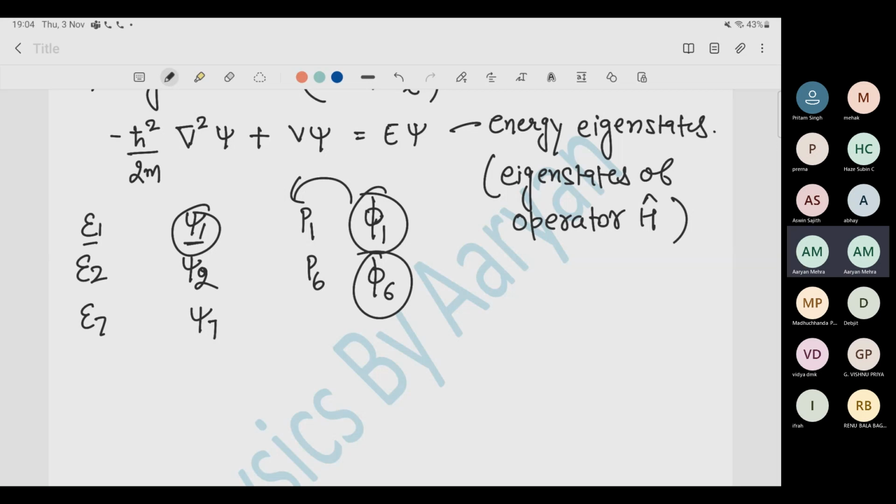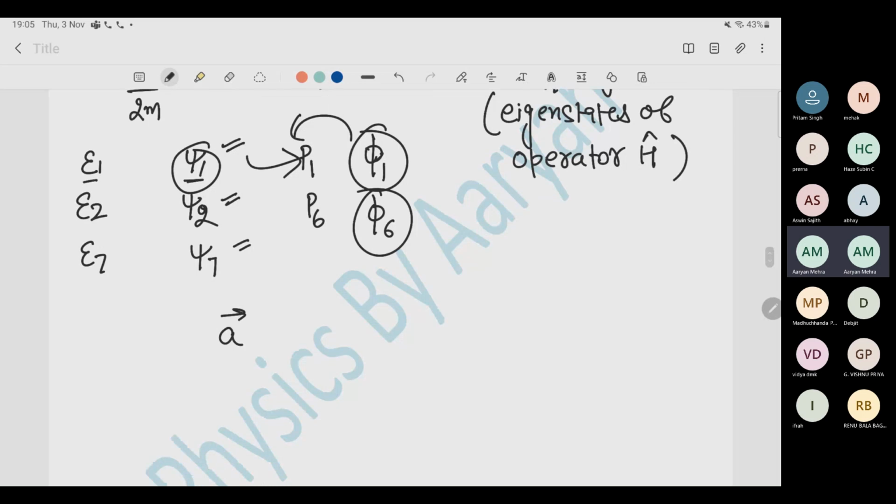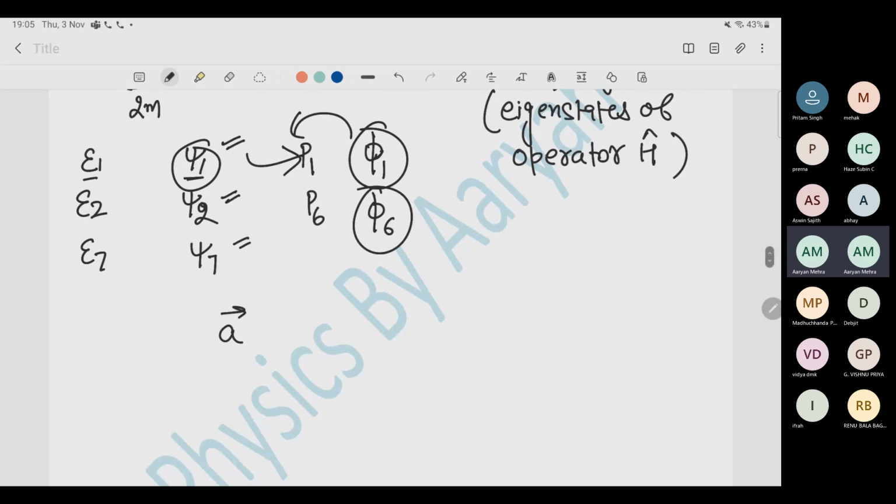But you should know that in quantum mechanics, if you know the energy eigenstates, then from these you can also find momentum. You do not need to separately find momentum eigenstates. In classical mechanics, if you know acceleration, you can find velocity by doing some mathematical analysis, just integrate it.